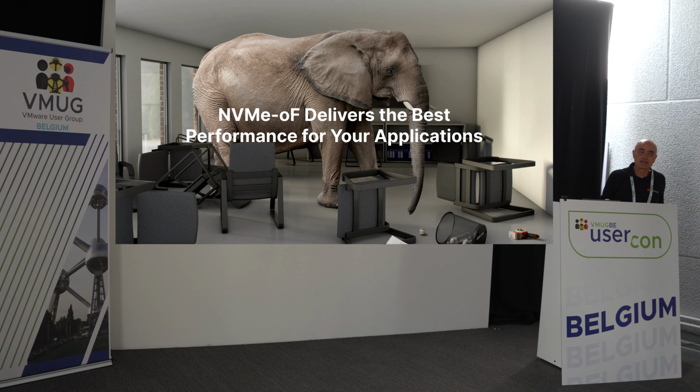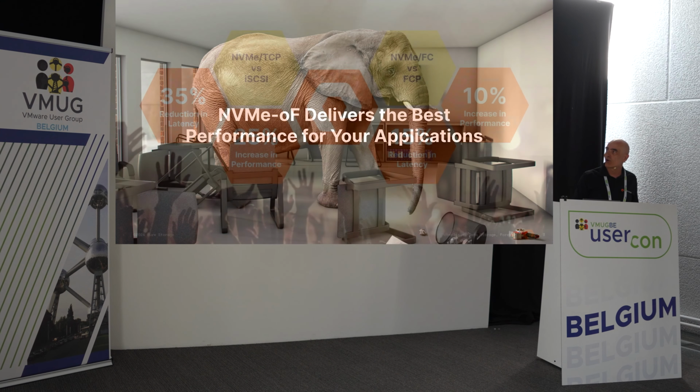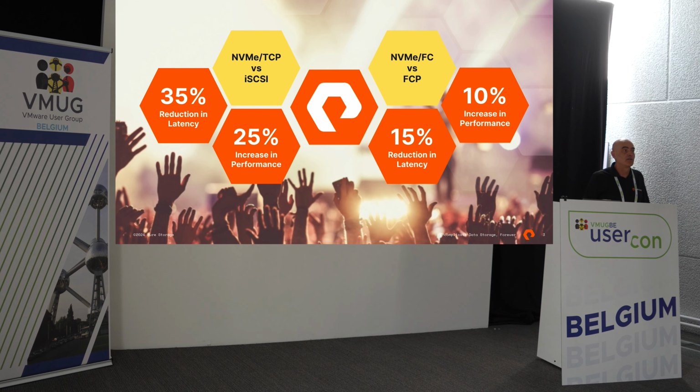And SCSI is tied at the top to carrying protocols like Fiber Channel and iSCSI for Ethernet. It is literally the elephant in the room because everything that goes down to the storage is blocked by the fact that the SCSI protocol was designed for spinning disks and not for today's storage, which is mainly flash-based.